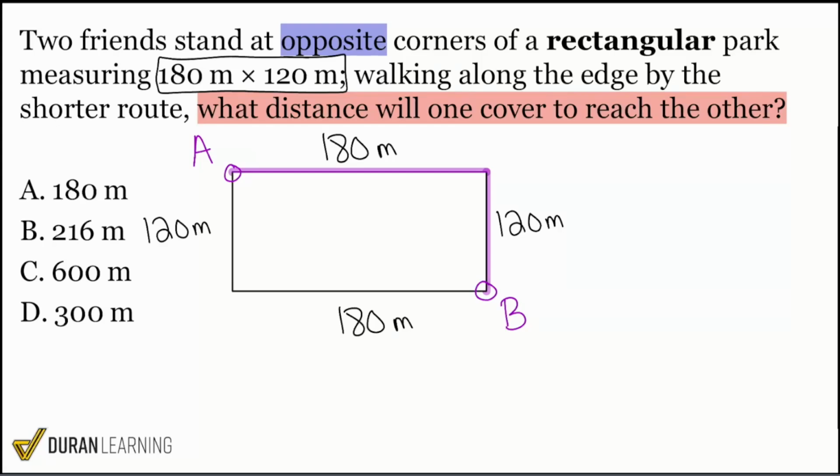Everybody, look. Friend A is here. Friend B is here. After we go along this side and along this side, we're done. We've reached friend B. If we go down here and over here, same thing. We reach friend B. What we are not doing is going all the way around back to where I started.